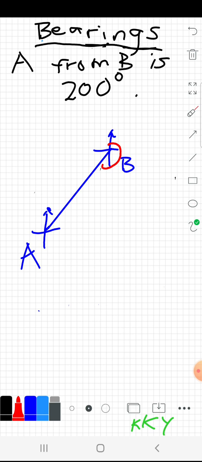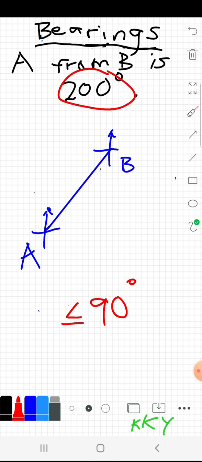Now the next thing I need to know is that I need an angle that is less than or equal to 90 degrees before I move ahead. But what was given to me in the question is 200 degrees. So it's not less than 90 degrees. So what I'm going to do to what was given to me, 200 degrees, is to subtract the last bus stop I passed through. I was coming this way from here.